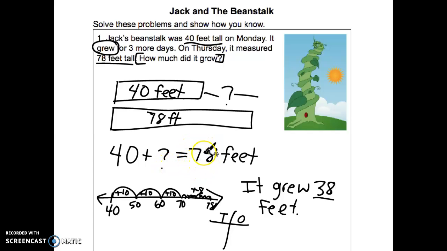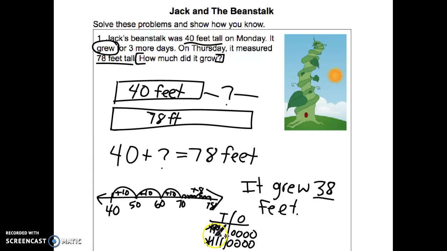This time though, I'm going to subtract. So I have 78: 10, 20, 30, 40, 50, 60, 70, 71, 72, 73, 74, 75, 76, 77, 78. I'll take away 40: 10, 20, 30, 40.